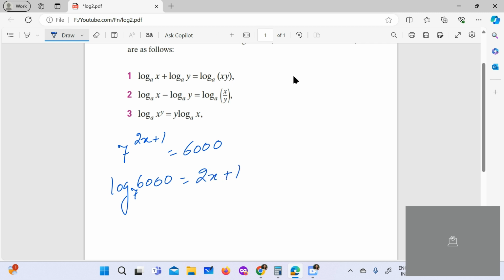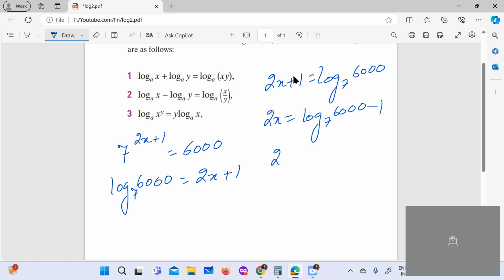And we have to find the value of x. So we will isolate it and see. You will get 2x plus 1 equals log base 7 6000. I'm just rewriting it. And then 2x equals log base 7 6000 minus 1.